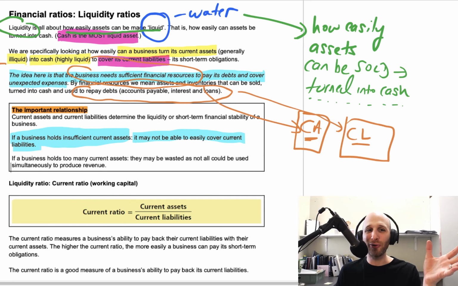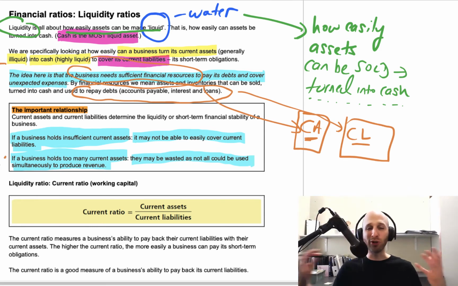If a business holds too many current assets, well, you can't really use all those assets at the same time necessarily. So it could be wasted, as we can't use them simultaneously to produce revenue. So in this second situation, what a business is saying is, okay, we'll accumulate a lot of assets so that when expenses come around, bang, we've got all these things that we can sell.